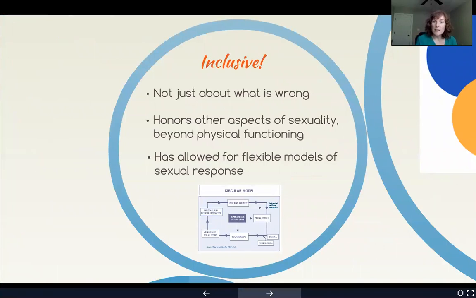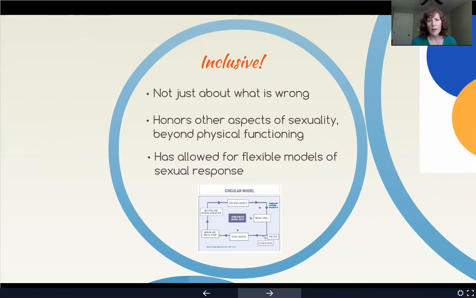So this is a much more inclusive model, the biopsychosocial model, right? It's not just about what's wrong. There are those aspects in there, but it's also about what's right, your emotional, your social components, what you're experiencing, the things that you want, your values. They're all included in those three bigger circles. So it honors all those different aspects of sexuality.